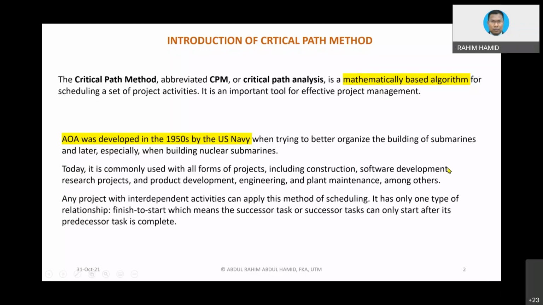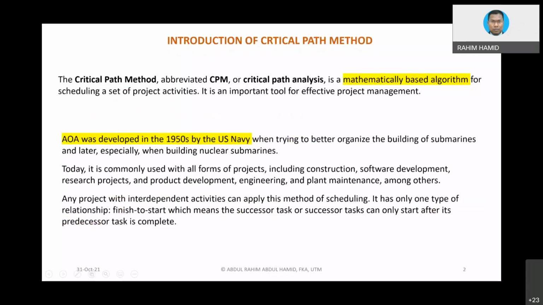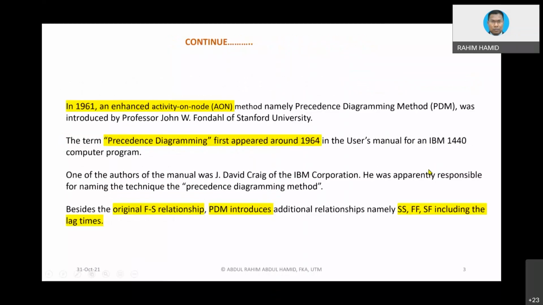I already mentioned the AOA diagram was developed way back in the 1950s. And then in 1960, the AON diagram was developed at Stanford University by Professor Fondahl.